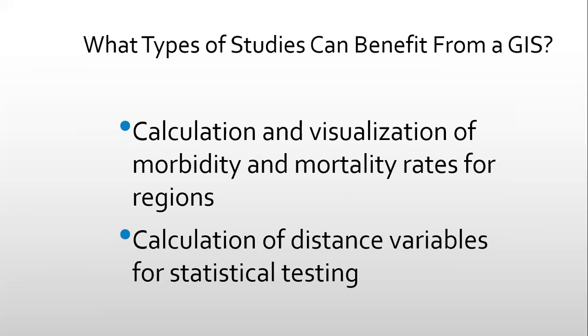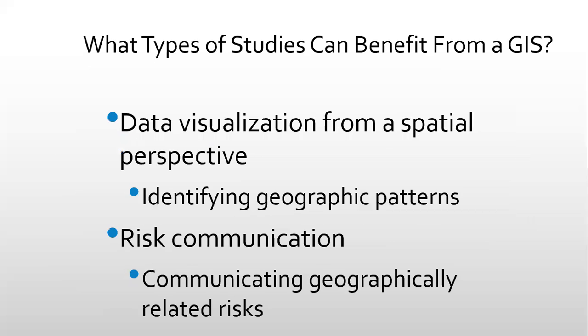Calculation and visualization of morbidity and mortality rates of regions, and calculation of distance variables for statistical testing. Distance variable means how far a medical facility is, whether a primary health center, local health center, or hospital, whatever kind of facility. The distance means the accessibility of that medical facility.